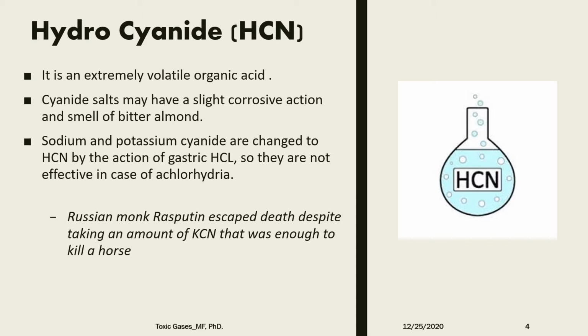He was poisoned by sodium or potassium cyanide, either one of these salts, but the poison didn't do any harm to him because he had achlorohydria, which is the genetic absence of gastric acid. So the poison didn't cause his death.